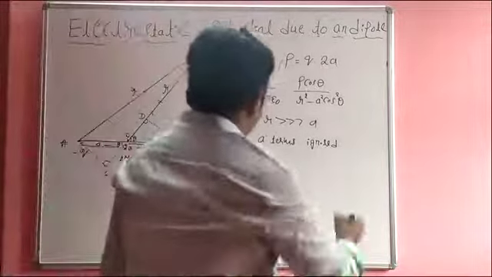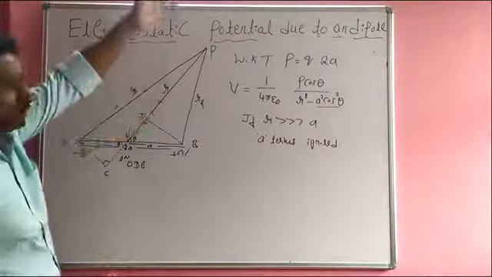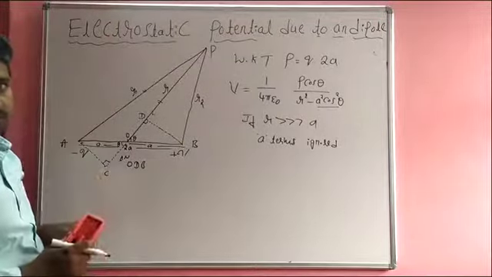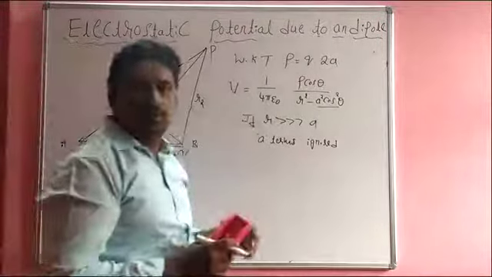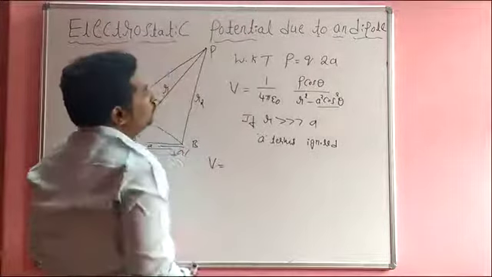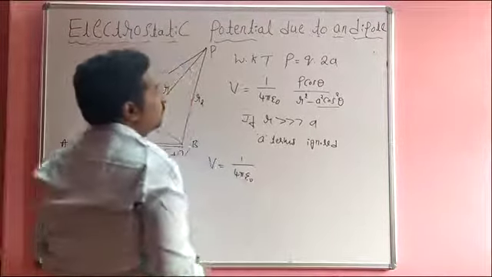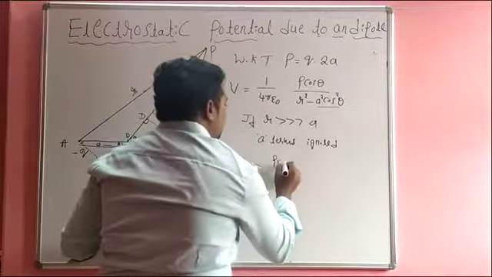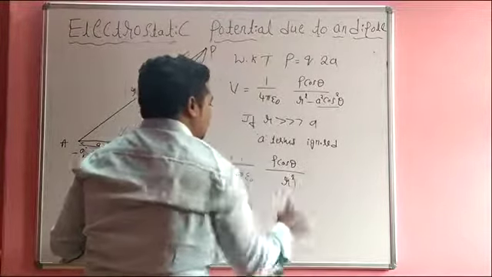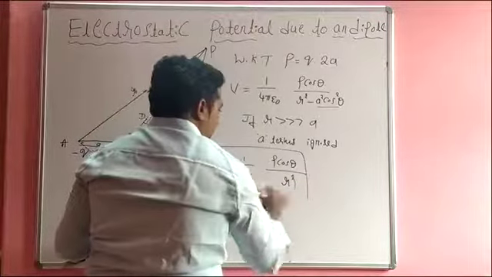Why, sir? Because the distance is very great, so this is a small thing, and small things are neglected. So V is equal to 1 divided by 4 pi epsilon naught times P cos theta divided by R square. This is the electrostatic potential equation.